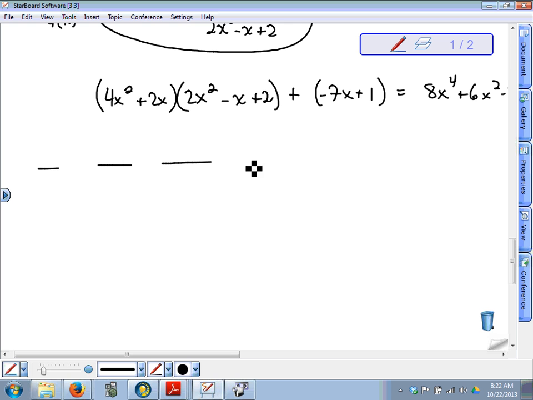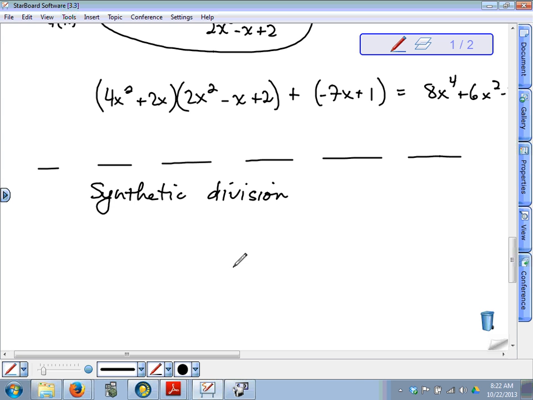Let's move on to what's called synthetic division. You're going to like this one more. It is faster.